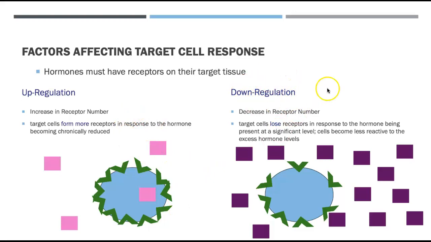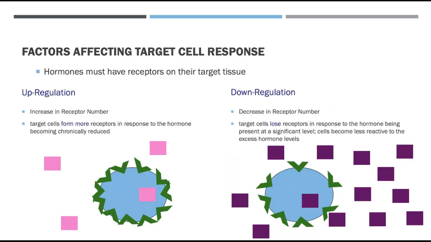With downregulation, we can see a decrease in receptor number. So we have cells that are exposed to a hormone repeatedly, and a combination of hormones and receptors can increase the rate at which the receptor molecules become degraded. This combined form is taken into the cell through phagocytosis and broken down.